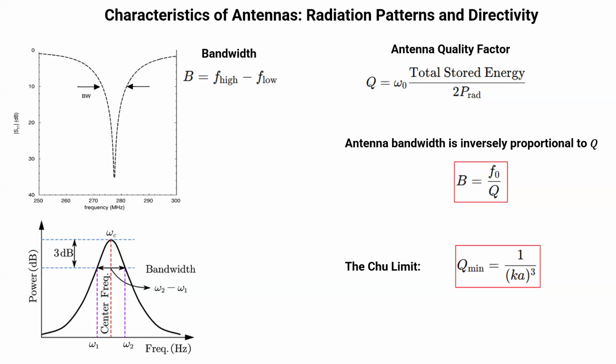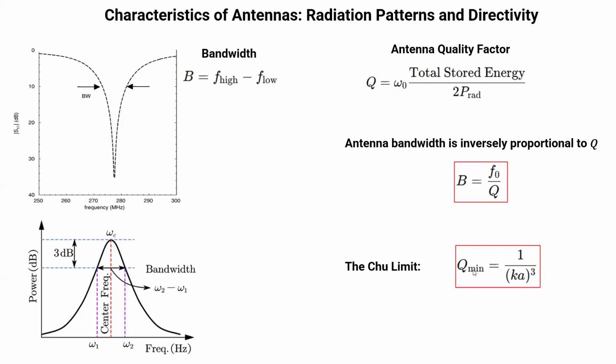However, it's not possible because there is a fundamental limit. It's called the Chu limit that connects the typical size of the antenna, this a, and the minimal possible quality factor of the antenna.